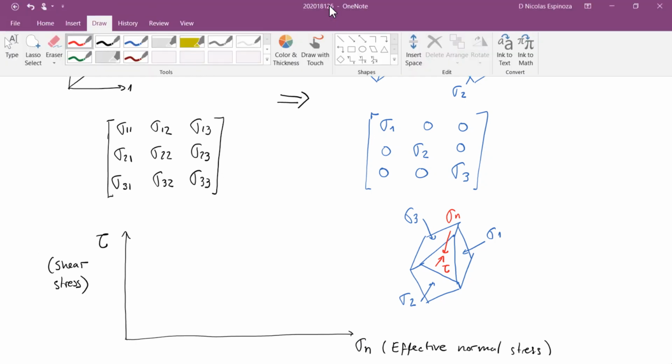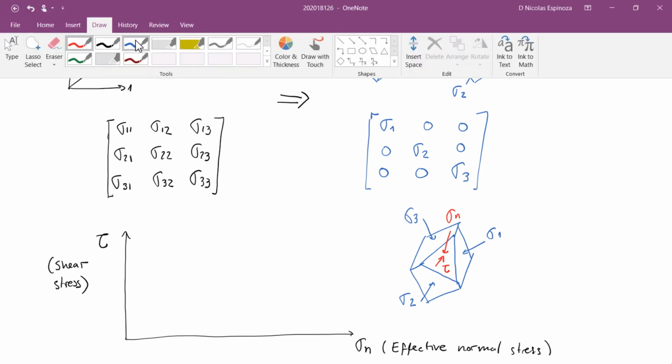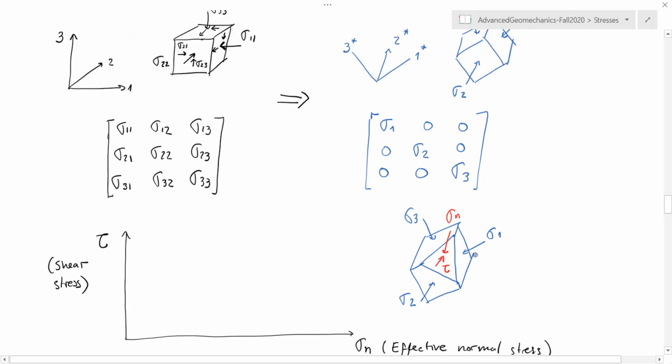So the 3D Mohr circle then is going to be composed by the three principal stresses. Let's say sigma 1 over here, sigma 2, and sigma 3.